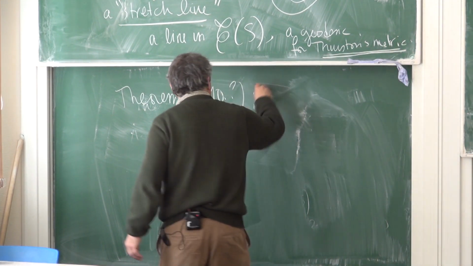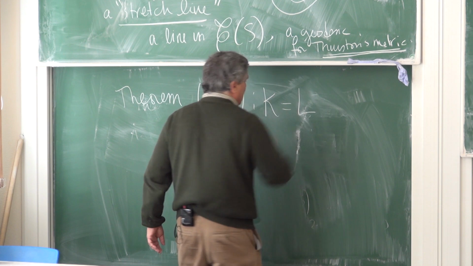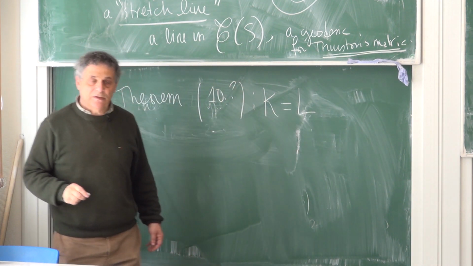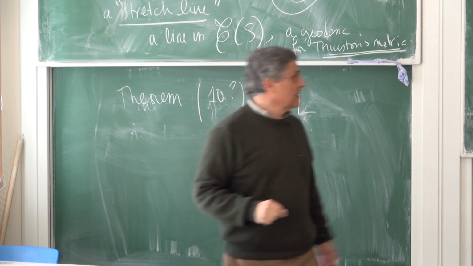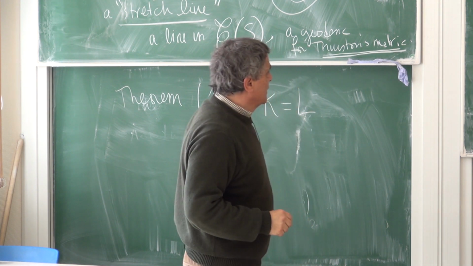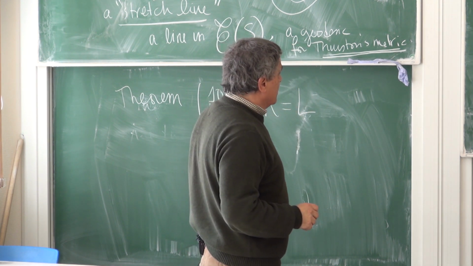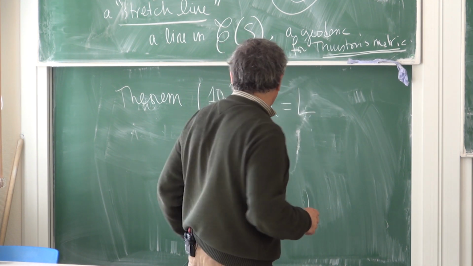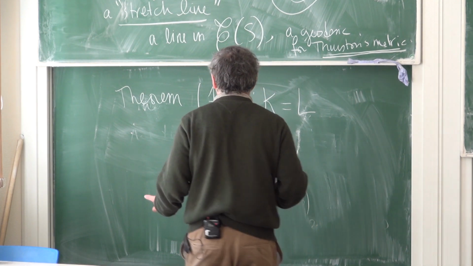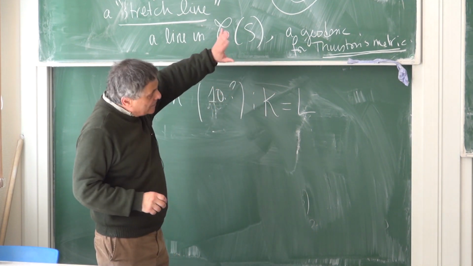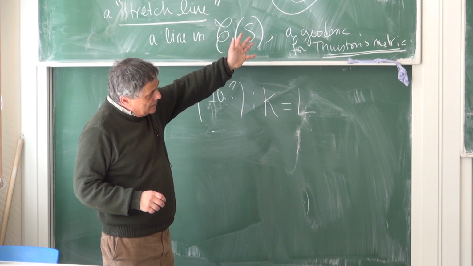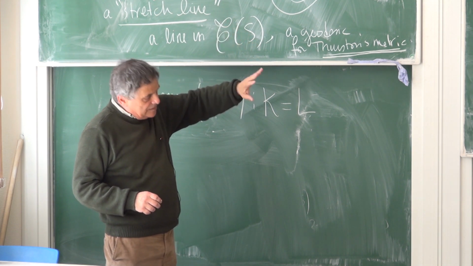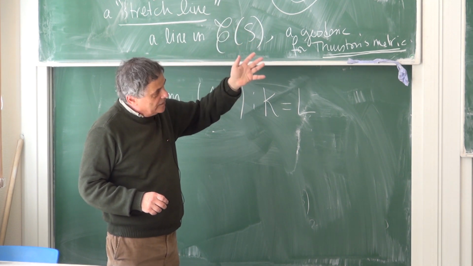The theorem says that K is equal to L. This is one of Thurston's theorems. He proves that the two definitions of a metric coincide, so you can work either with one metric, or with the other metric, or with both.